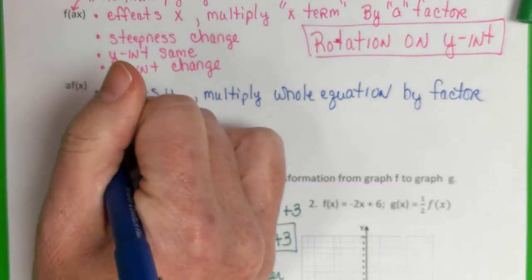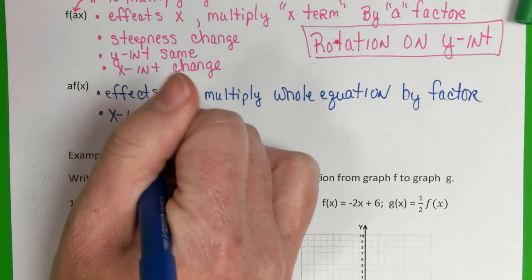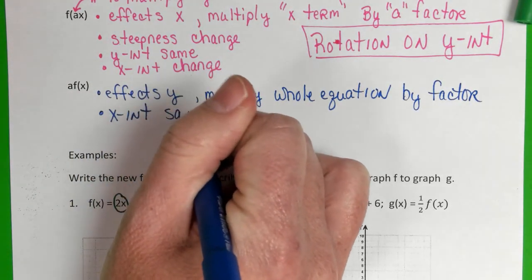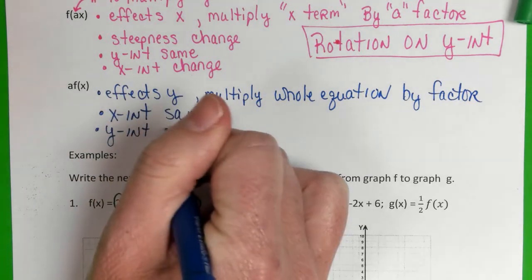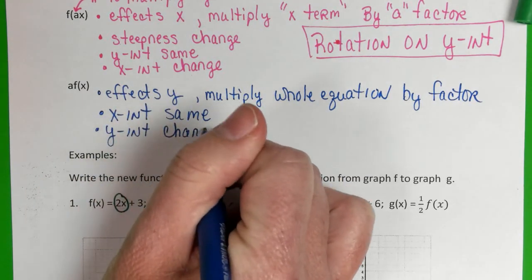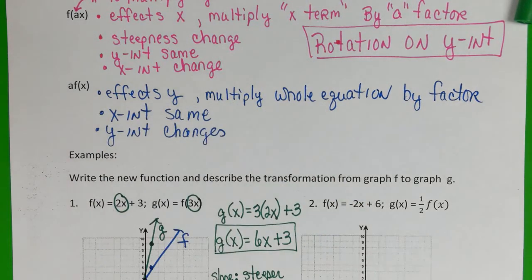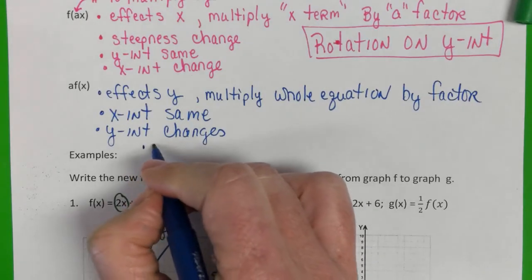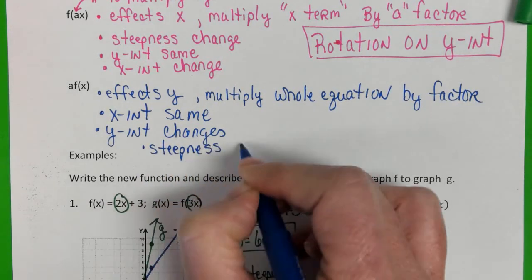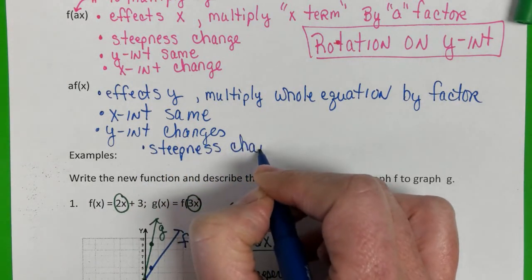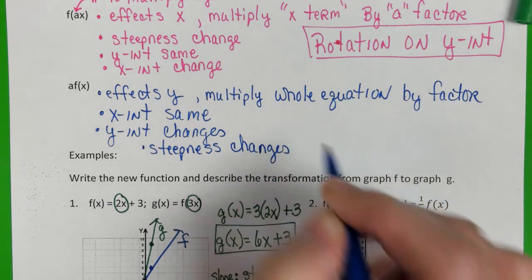We're going to see that our x-intercept stays the same. We're going to see that our y-intercept changes, because we're changing the whole equation, right? So that would make sense that the y-intercept would change. And you're also going to see that the steepness changes. It can be steeper or less steep.